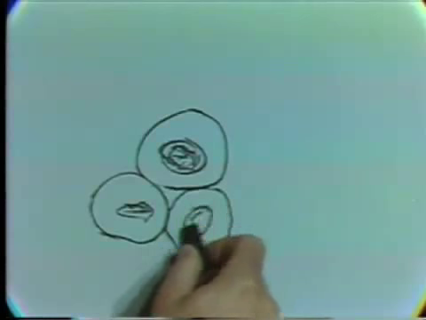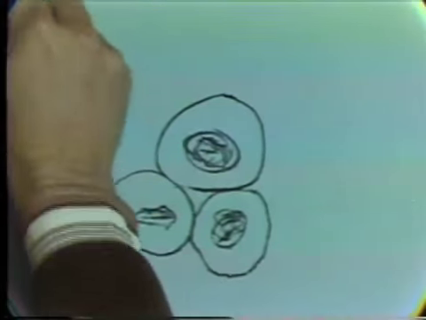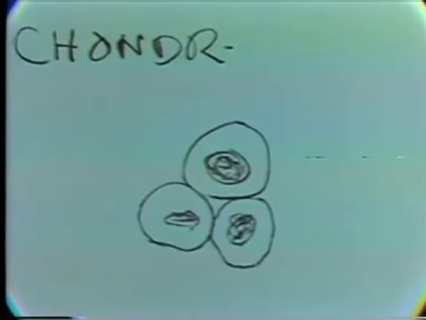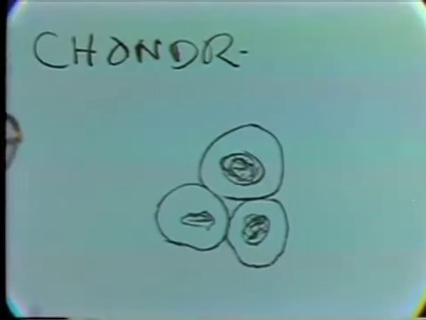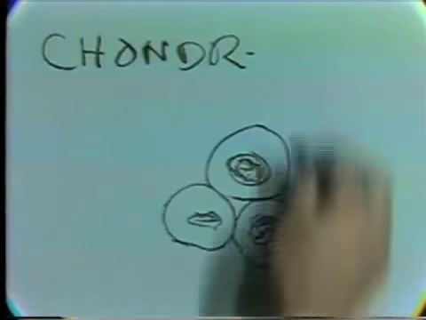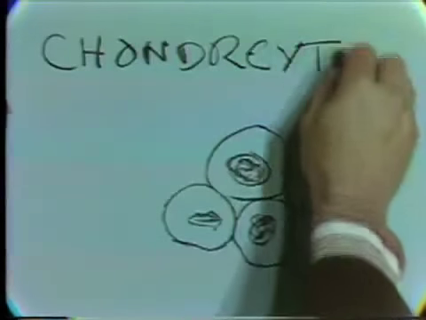And they're many times found in groups. These cartilage cells are called chondrocytes. You'll see the term chondr used as a prefix for tissues concerning cartilage. So these are chondrocytes.